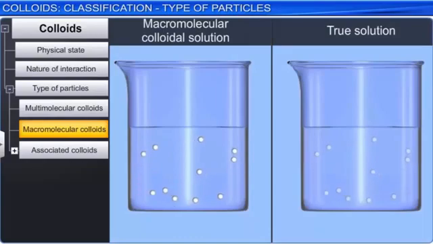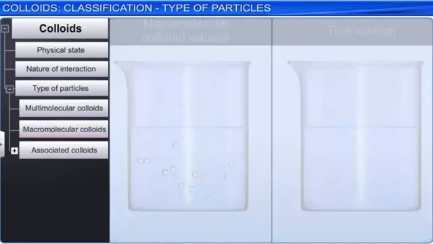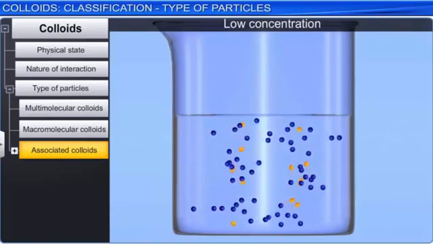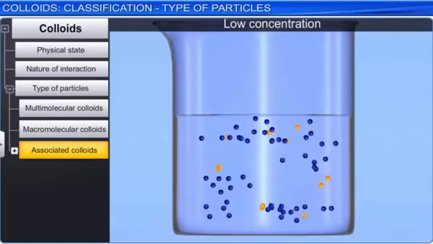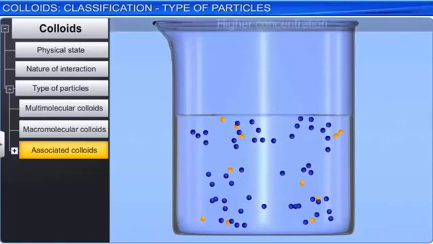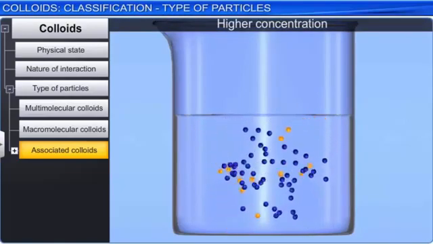Now, we will discuss the last category of colloids, namely associated colloids. There are some substances that behave as normal strong electrolytes at low concentration, but behave as colloidal solutions at a higher concentration. The colloidal behavior is due to the formation of aggregates of small particles.